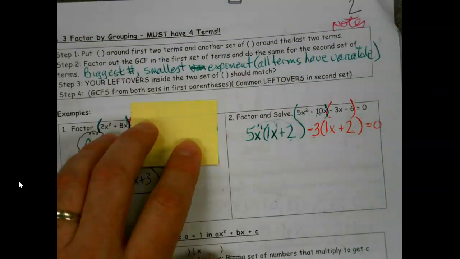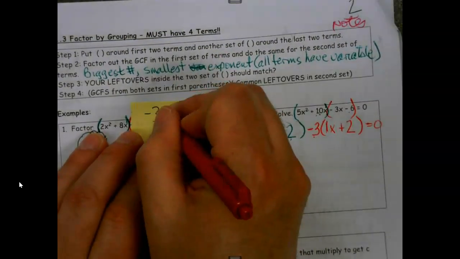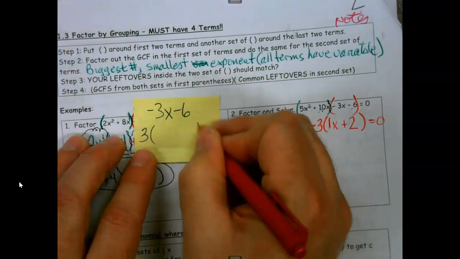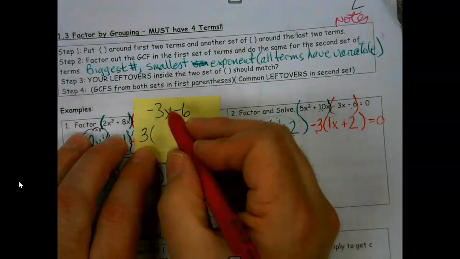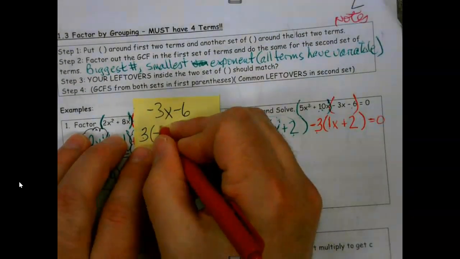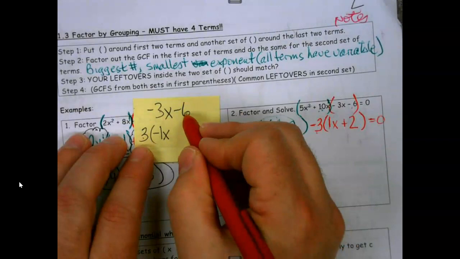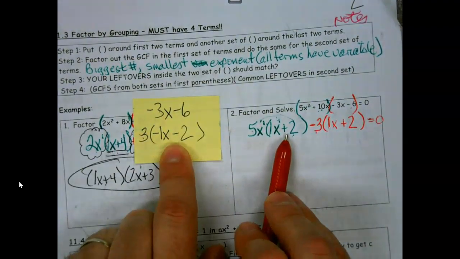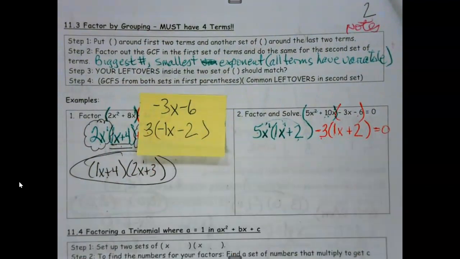Now, let me just say one thing here quick before we go on. Let's say when I did this negative 3x minus 6, I'd have taken 3 out instead. And I'm like, negative 3 divided by 3 is negative 1, negative 6. Those aren't the same, but here's where I want some of you to not go into panic if that happens to you sometime.